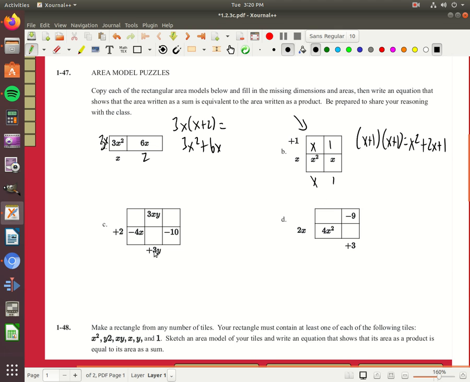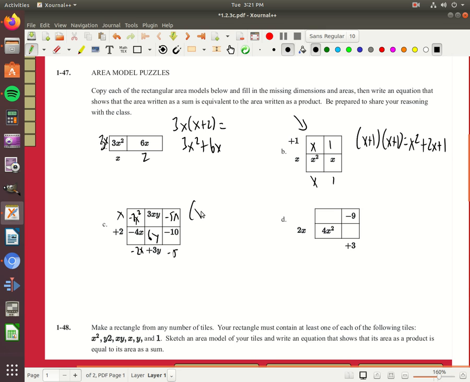If we go here, okay, I know that 2 times negative 2 is negative 4, but I need to throw an x in there. I know 3y times x is 3xy. This will give me negative 2x squared, right? Hopefully you see you're just multiplying the bottom by the side. 2 times negative 5 is negative 10. 2 times 3y is 6y. And then I get negative 5x. And don't forget, you need to combine like terms.